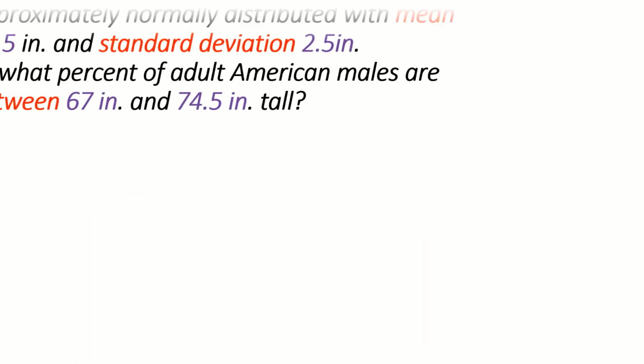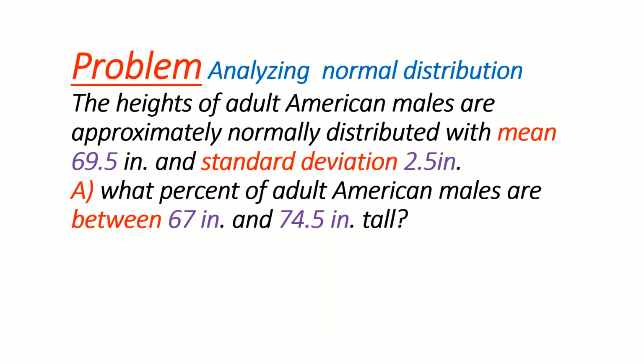Now let us see some examples analyzing normal distribution. The heights of adult American males are approximately normally distributed with mean 69.5 inches and standard deviation 2.5 inches. What percent of adult American males are between 67 inches and 74.5 inches tall?